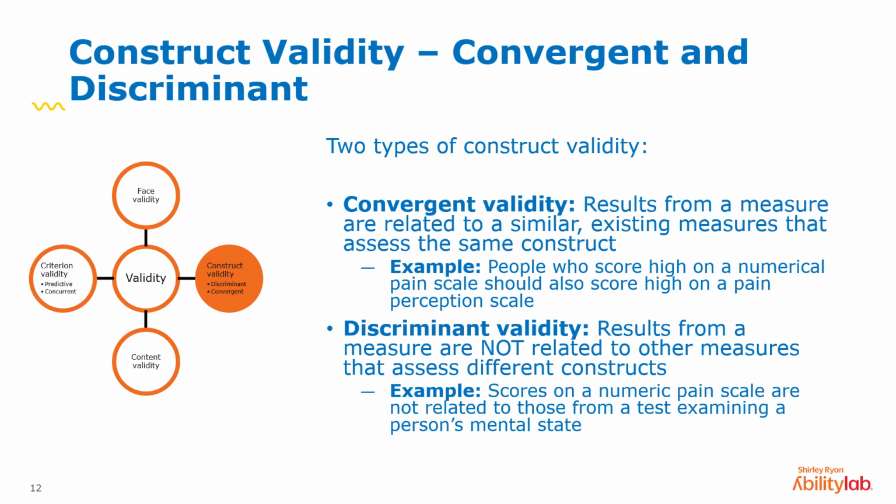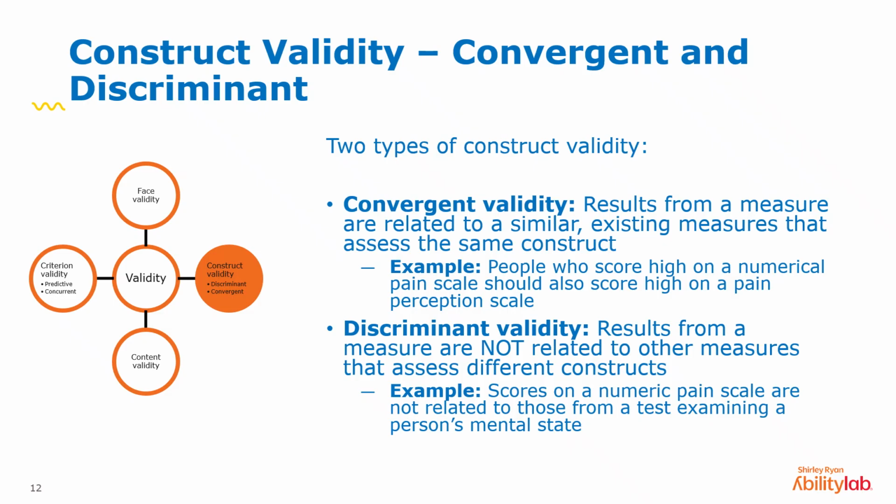Conversely, discriminant validity is the opposite of convergent validity. Discriminant validity is the degree to which measures of fundamentally different constructs should not be related. For example, a measure of happiness should not be correlated with a measure of sadness.